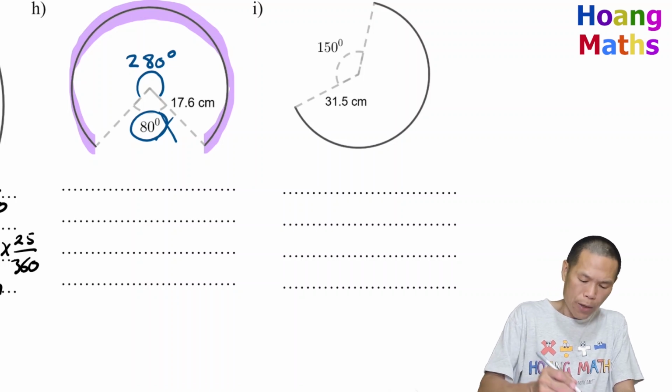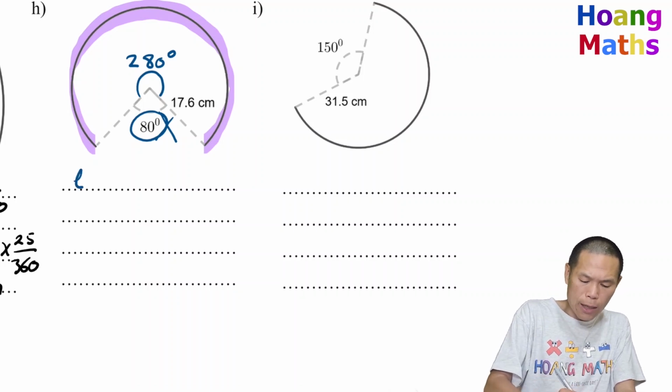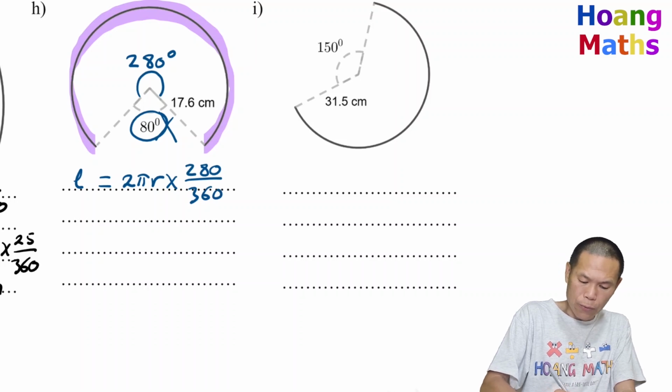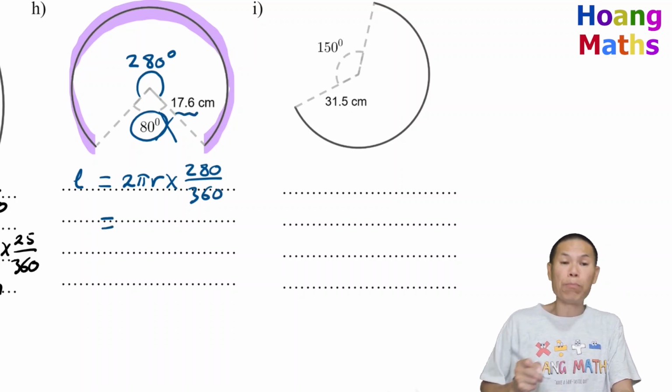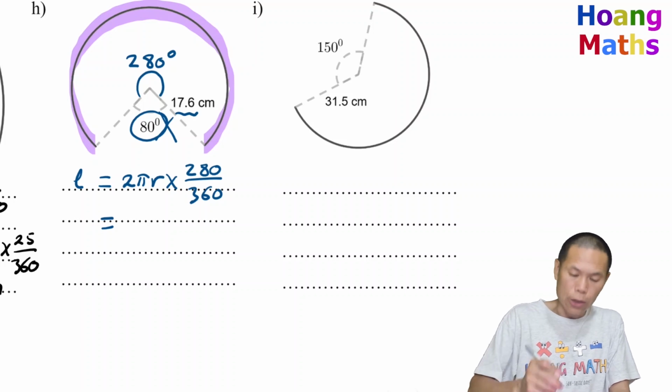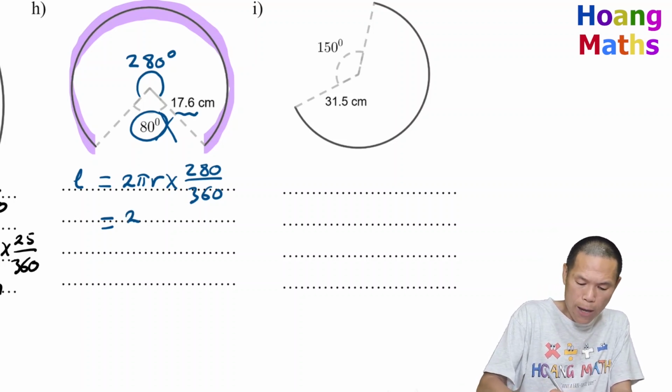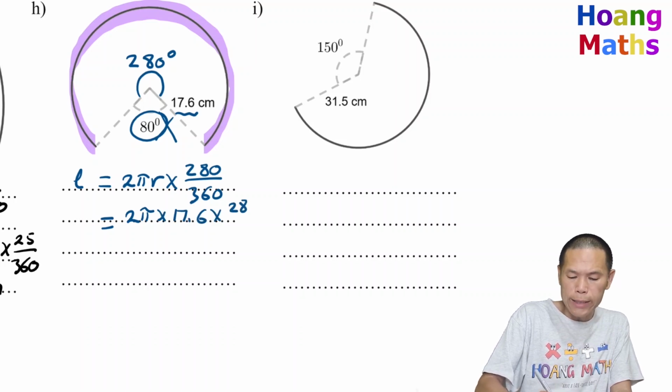So therefore arc length is equal to 2 pi r, and we times by 280 degrees out of 360 degrees. So the radius is 17.6 centimeters. So which is 2 pi times the radius 17.6, times 280 over 360.